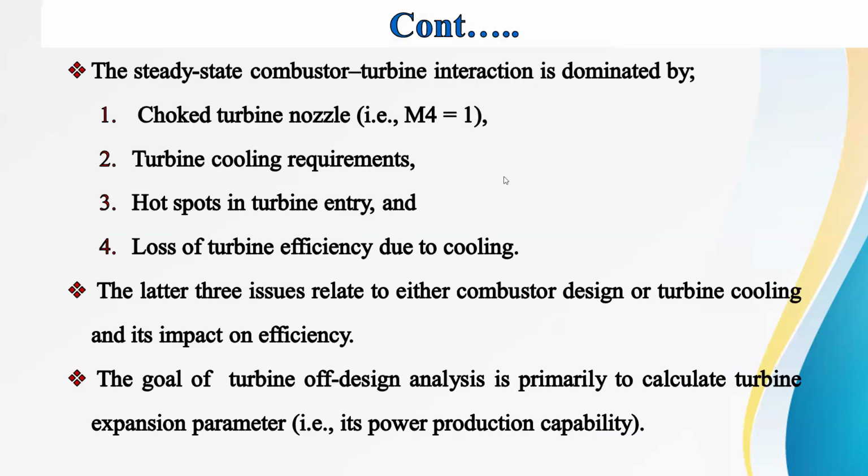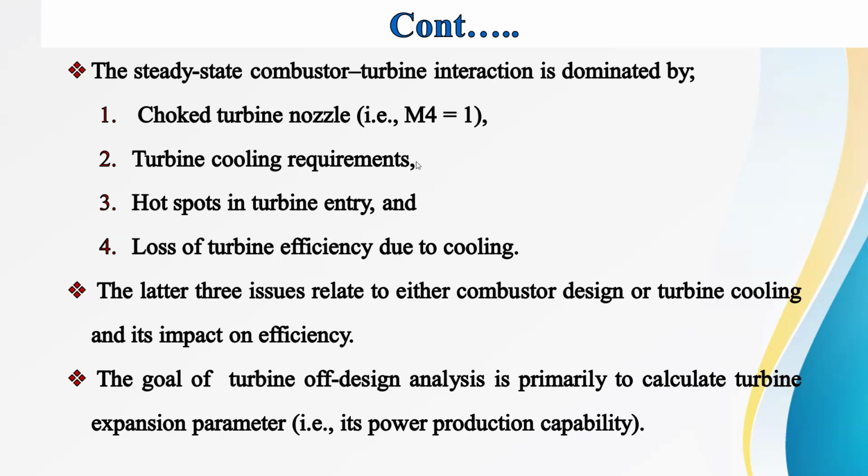In the steady combustor turbine interaction, which is dominated by the choked turbine nozzle, Mach 4 is 1. Mach 4 means the turbine inlet Mach number is 1. Turbine cooling requirements arise because the turbine encounters hot gas.